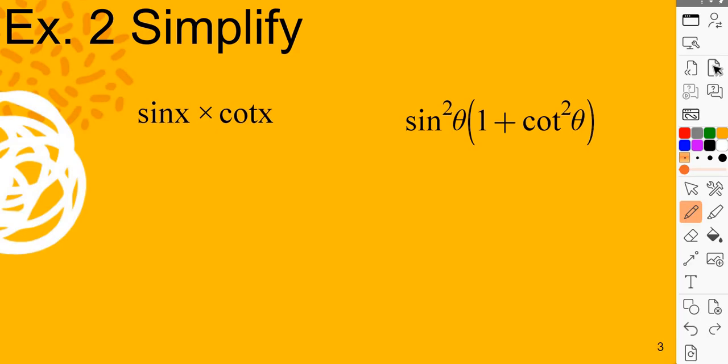So our goal is to look at what we have. Right now we have a sine and a cotangent, and to look at our trig identities and say, okay, which one of our identities has a sine and a cotangent in it? So we're going to look at our identities.